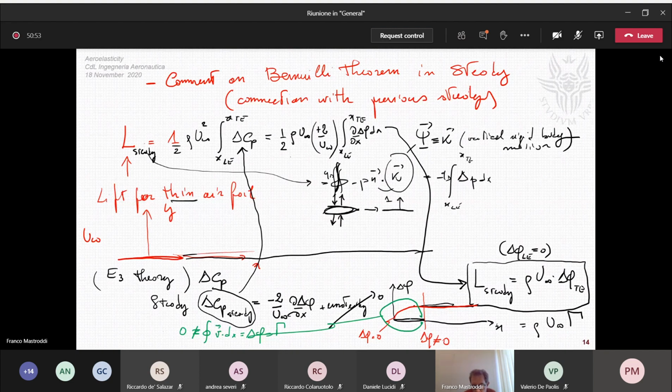You have an equivalent vortex if you take this circulation integral on the other side, going to the other part and coming back here. Okay, so this is the story. This is another point I decided to give you just to complete this scenario for the aerodynamic.